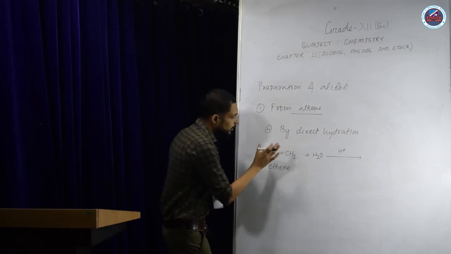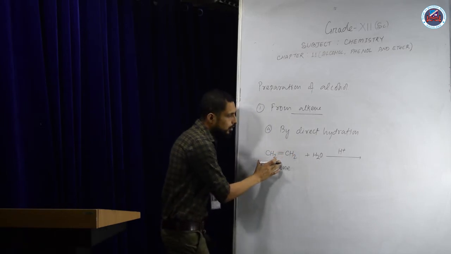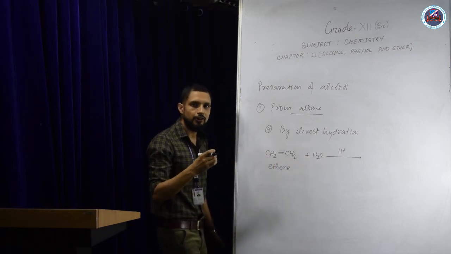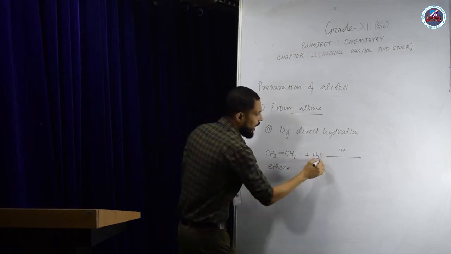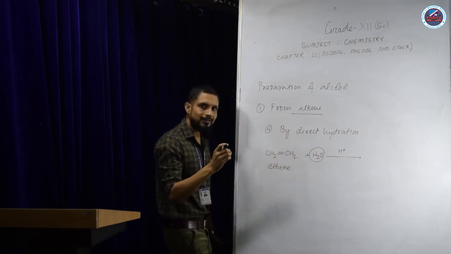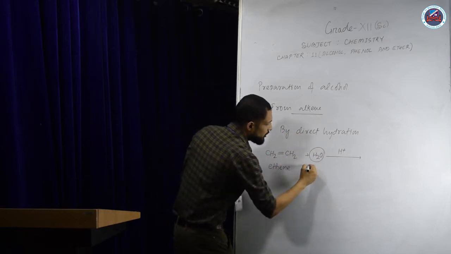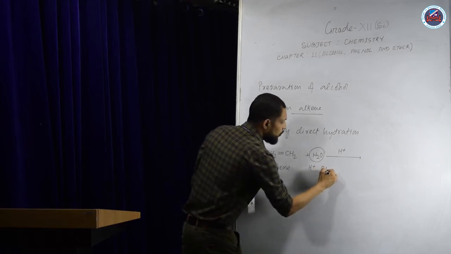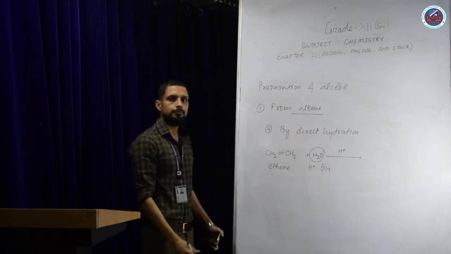So, when you take alkene and add water, it's basically an addition reaction. Now, in water, you have a positive part and a negative part. The positive part is H positive, and the negative part is OH negative.